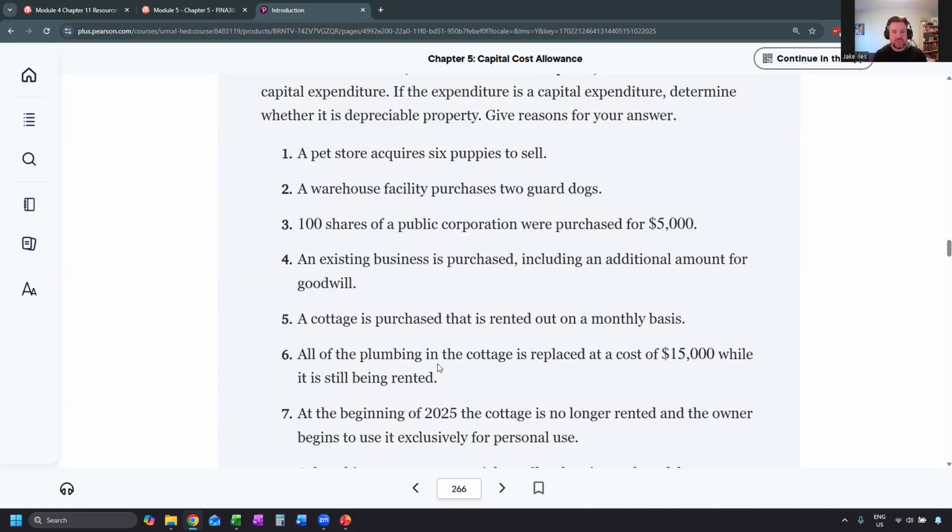It's just repairs and maintenance. If we add something to a property that is expected to either extend its lifespan or improve its productivity, then we can include it in the cost. We can add the cost to it.